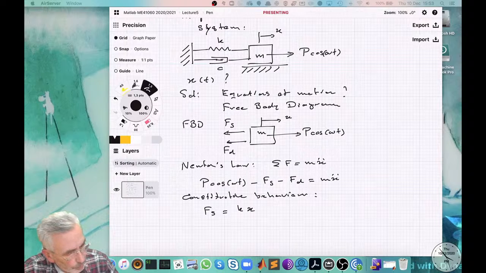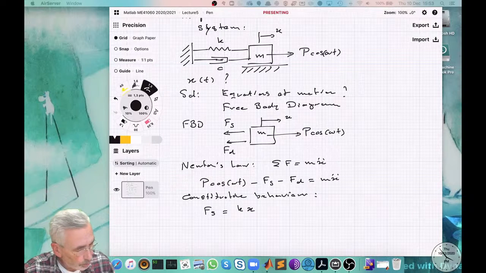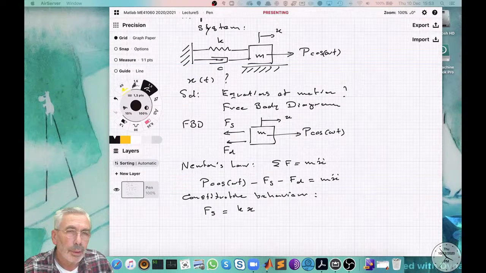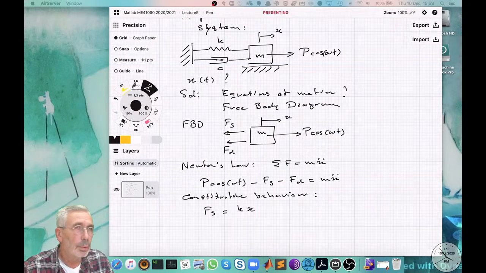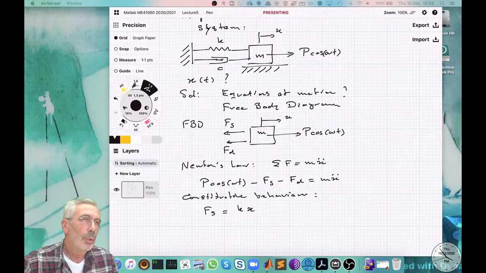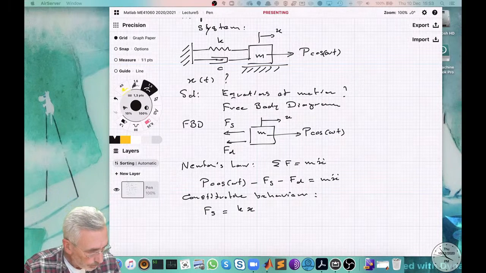Because I already defined the force in the other direction. Now, of course, that is a tricky thing, the signs, with the pluses and the minuses. And indeed, I do agree, that is one of the most difficult things in mechanics, to work with the pluses and the minuses. Okay, so Fs is k times x, and then for the damper we write that's a constant times the velocity.